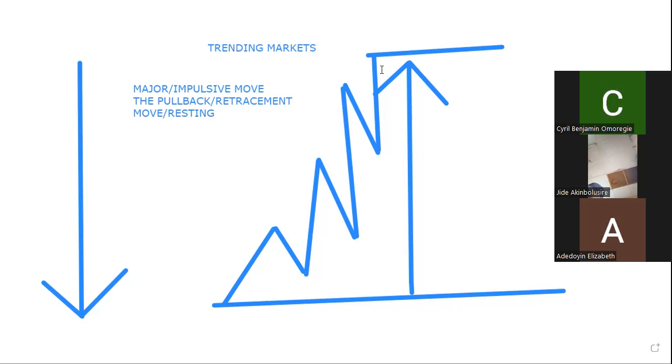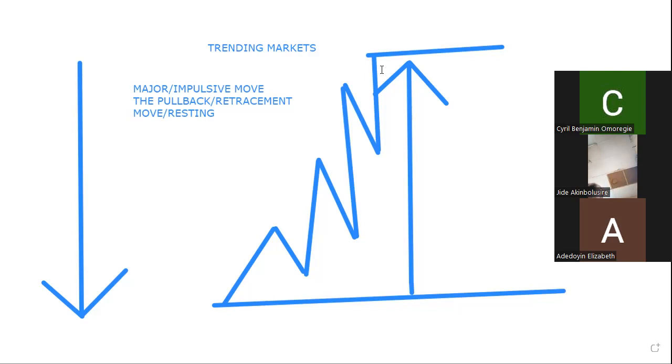Now, we said the pullback move is the move that goes opposite of the impulsive move. So what's going to be the pullback move in an uptrend? Buy or sell? We said the pullback move is the move that is opposite of the major move. So now we already know that the major move is the buy. So what is the opposite of the buy?